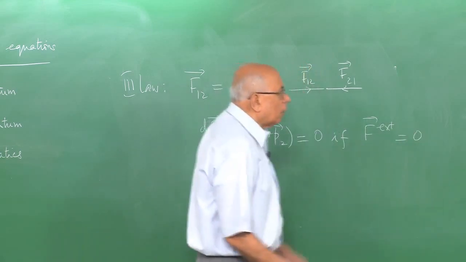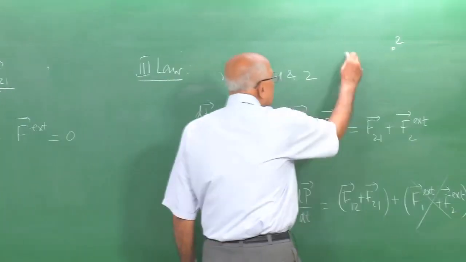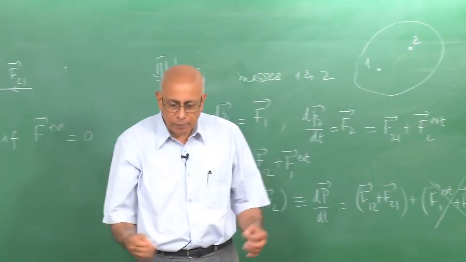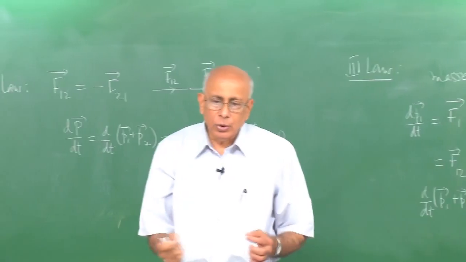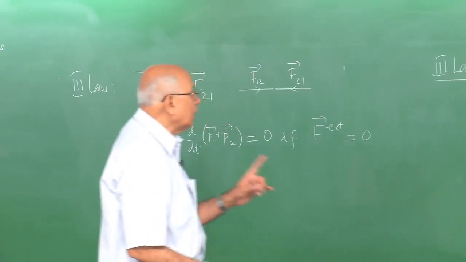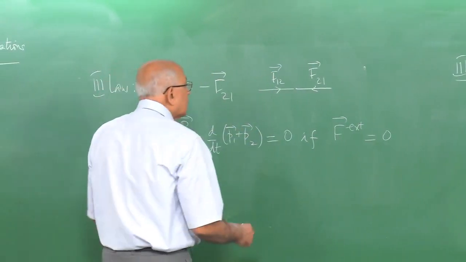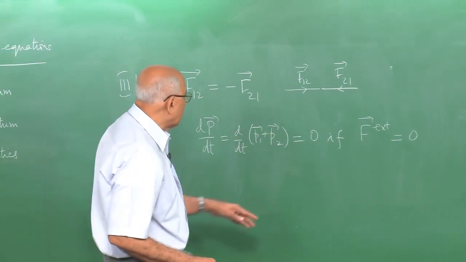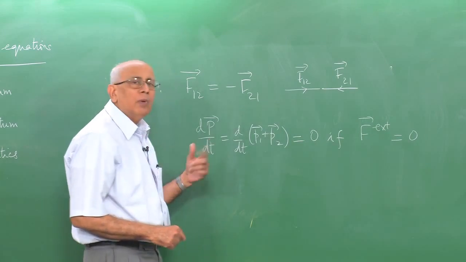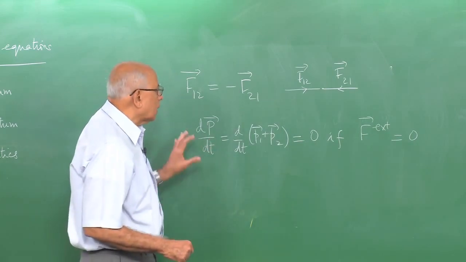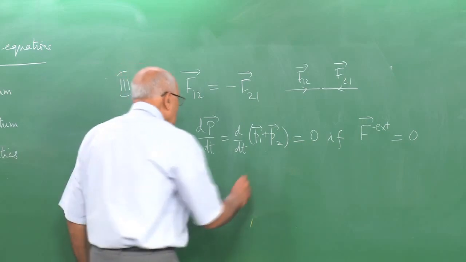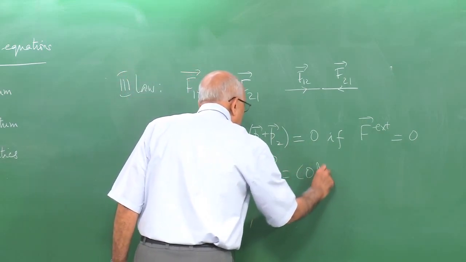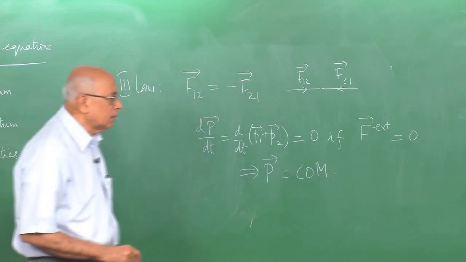In other words, if you have a system of two bodies, here's the system, and there's no external force on this system except the forces on 1 and 2 due to each other, then by Newton's third law, since action and reaction are equal and opposite, F12 is minus F21 implies that the sum of the momenta of 1 and 2 is a constant of the motion. So this implies that P is a constant of the motion for two bodies.